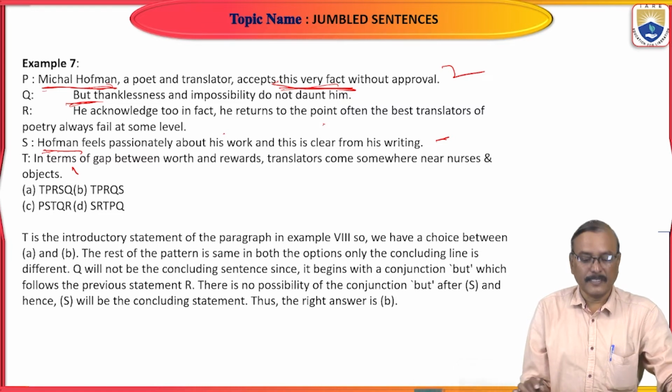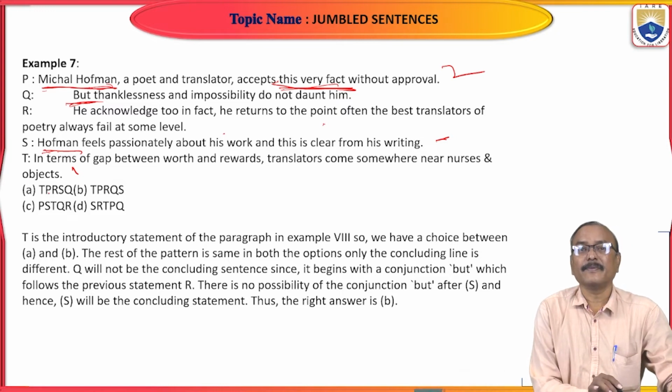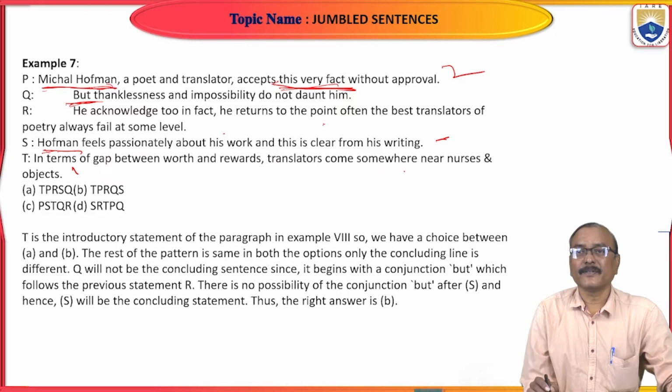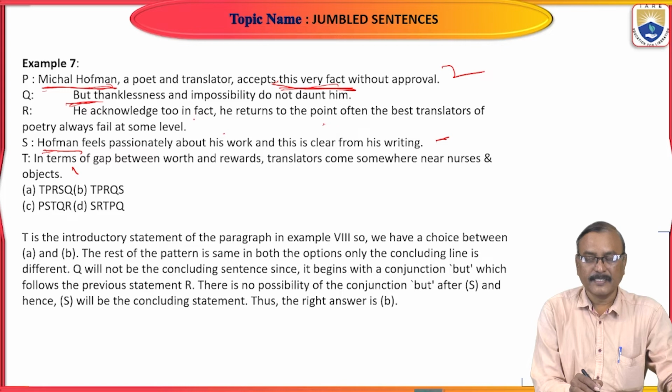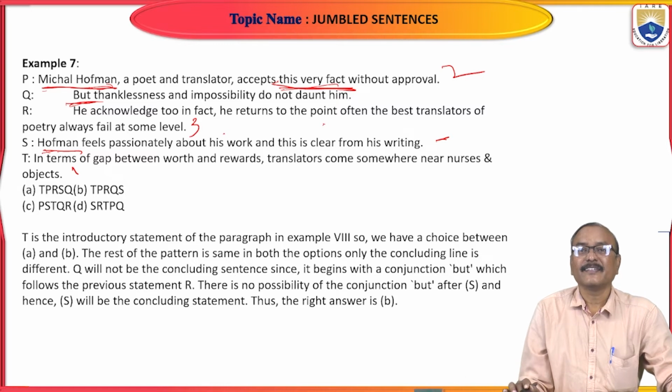Next one after TP, between A and B you have to choose. TPR. He acknowledges to, in fact, he returns to the point. So, R is the third sentence. Then you have to think here, fourth and fifth.